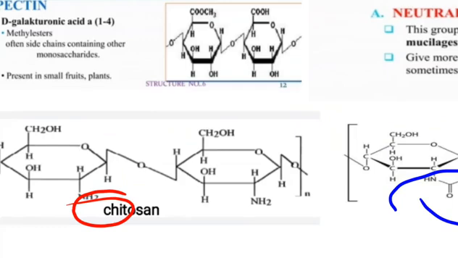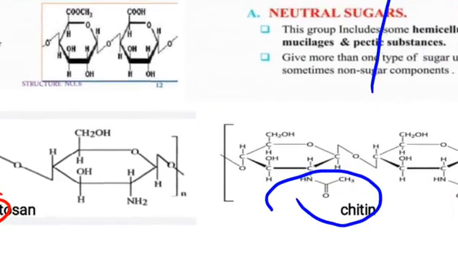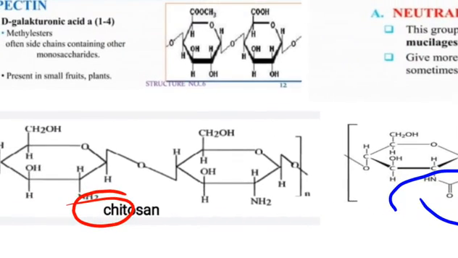But in chitin, you see it is an N-acetyl group. So chitin is a polymer of N-acetylglucosamine, whereas chitosan is a polymer of glucosamine. Okay?